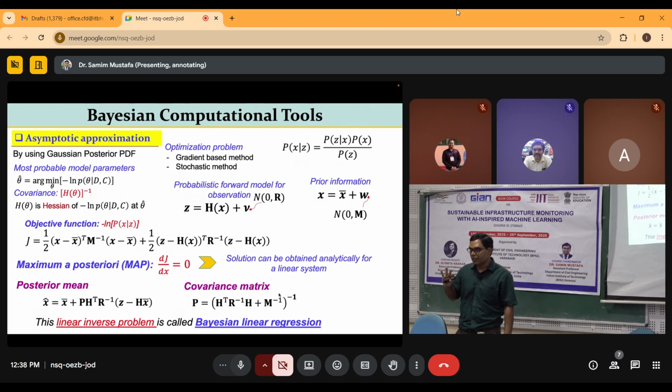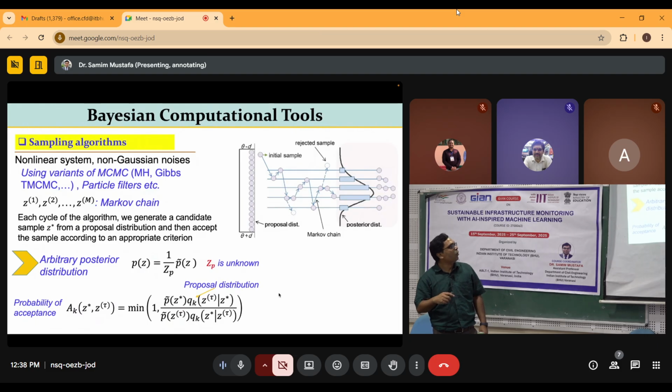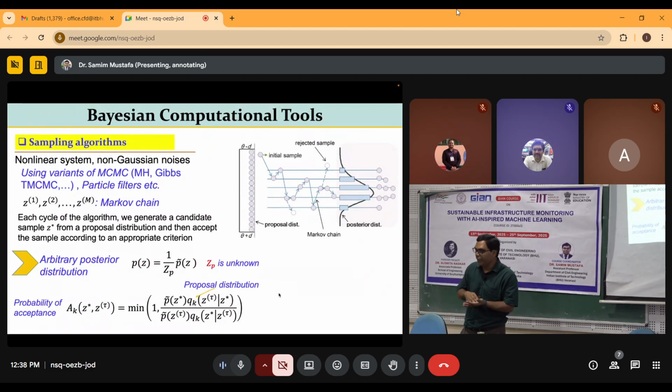So if it is non-linear, then the solution you have to obtain by using a simulation based technique. You have to draw samples from the posterior PDF, like this. So a sampling based algorithm will be used. What type of sampling based algorithm can be used? MCMC methods, Markov chain Monte Carlo, or Metropolis-Hastings, or the Gibbs sampler.